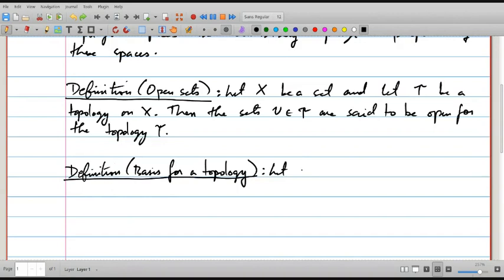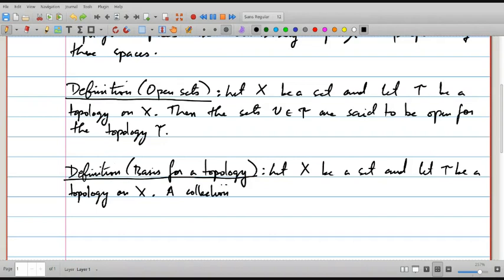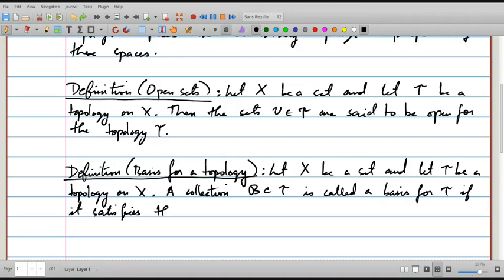Let X be a set and let tau be a topology on X. A collection B contained in tau is called a basis for tau if it satisfies the following condition.